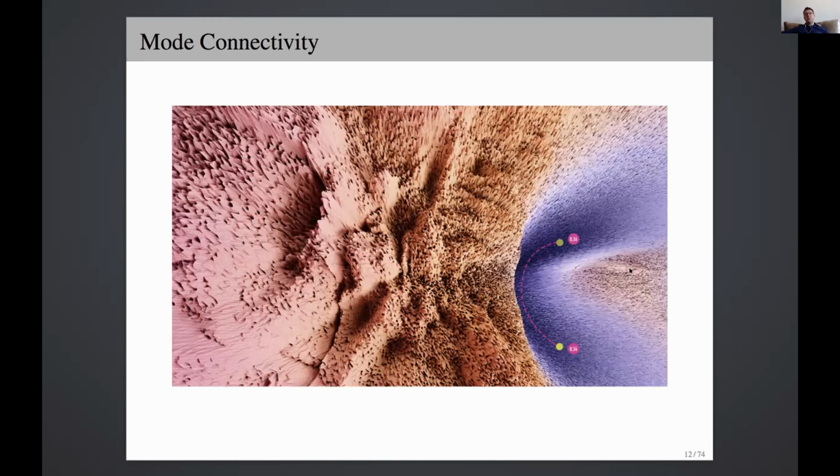Now, another interesting thing we found here was that these different solutions weren't only connected, but that as we were walking from one solution to the other, the different points in weight space were giving rise to models which actually provided quite different functions. And so there was a lot of functional heterogeneity along these paths.